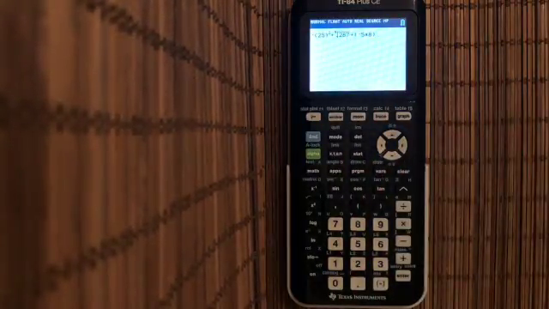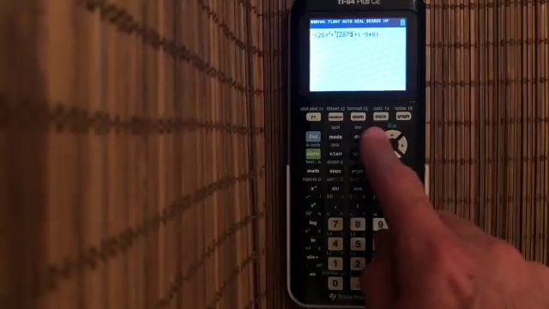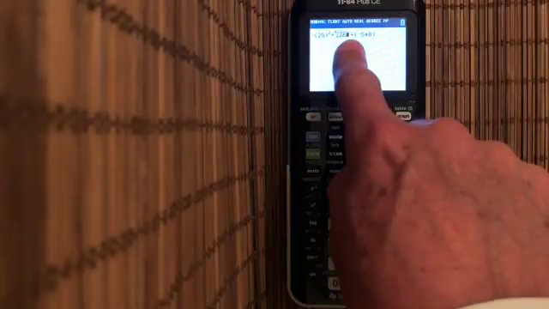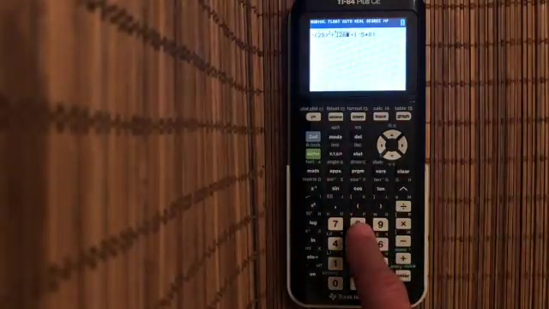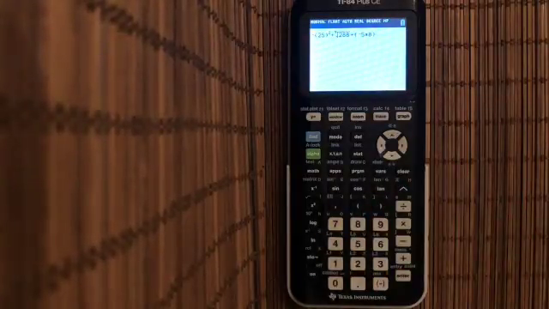Rather than press enter and then have to key in the whole thing again, you can, remember, scroll using the arrow keys. Put yourself on the 7, and then if I press the 8, it's going to just write over the 7. And now I have my correct expression.